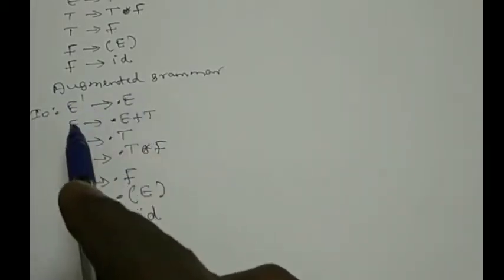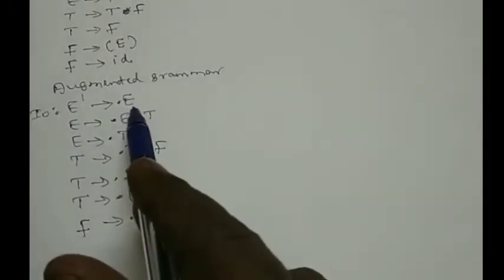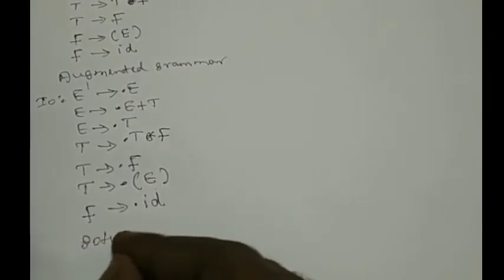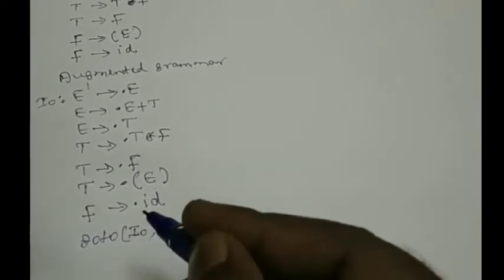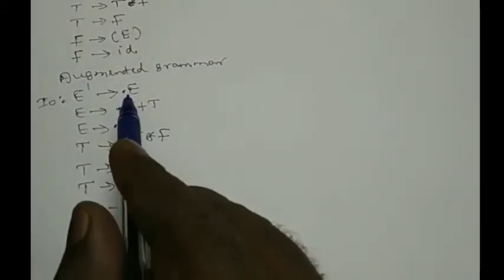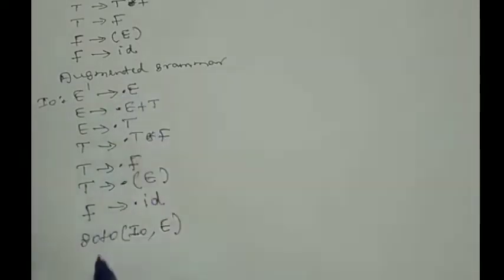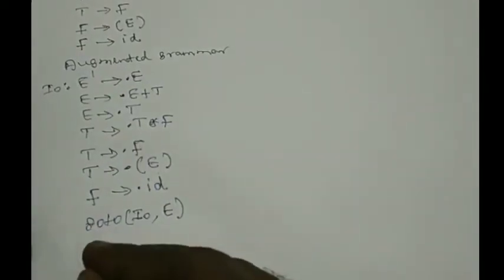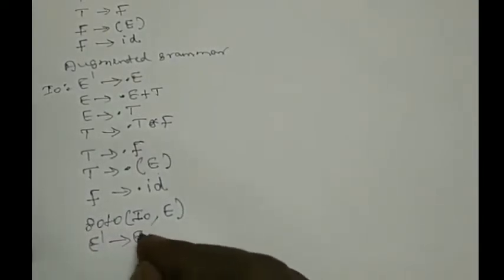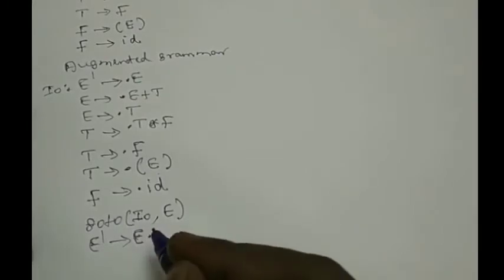Now I take up this item set and the dot is before E, so I have to write goto of I0 comma E. Now when you find a dot before E, place this dot one step after this E, so it will become E dash tends to E dot. After the dot, nothing is there.